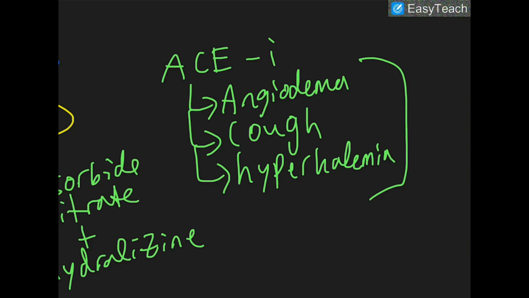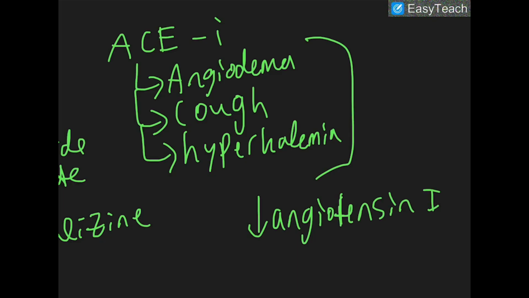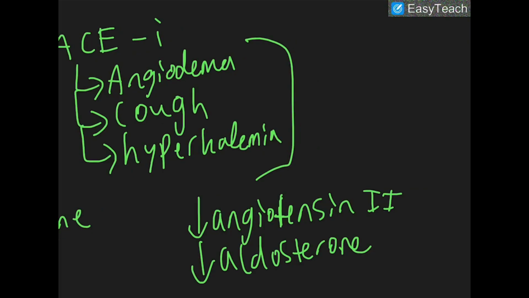So what do ACE inhibitors do? They decrease angiotensin 2 and decrease aldosterone. If you decrease angiotensin 2, what does it normally do? It vasoconstricts hard. So if you decrease this, you decrease afterload, making it easier for your left ventricle to pump blood forward.